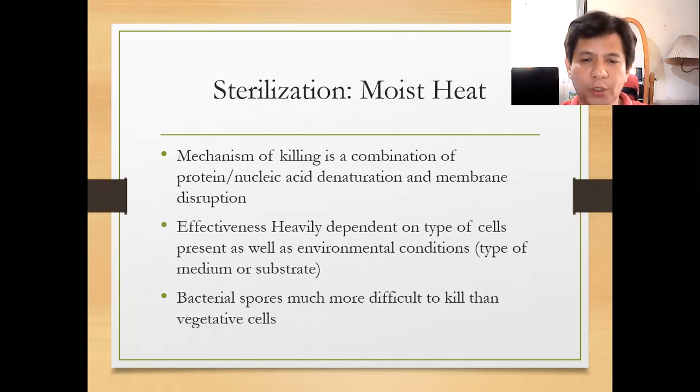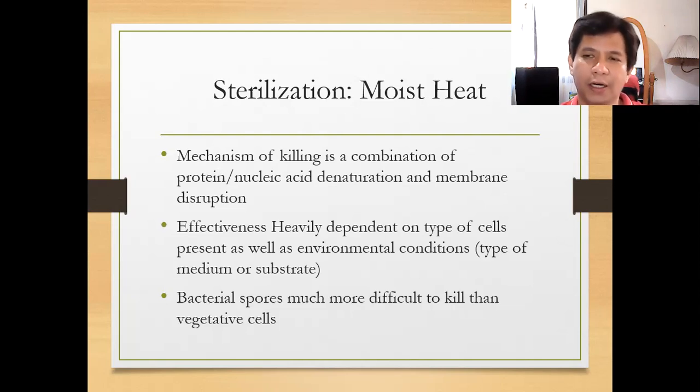So bacterial spores are much more difficult to kill than vegetative cells. It's because bacterial spores are protected by a stronger layer, more resistant to steam. That's why they are much more difficult to kill than vegetative cells.